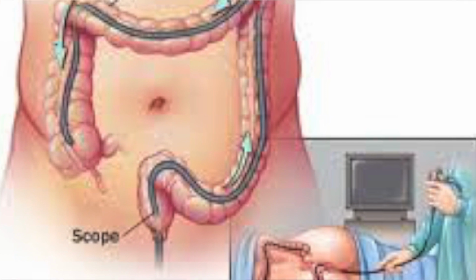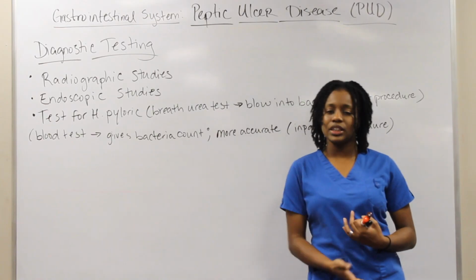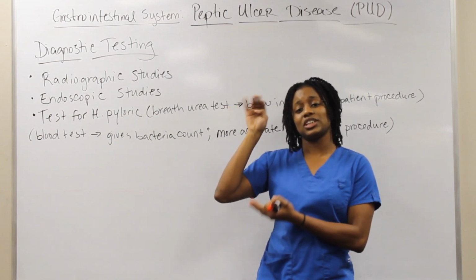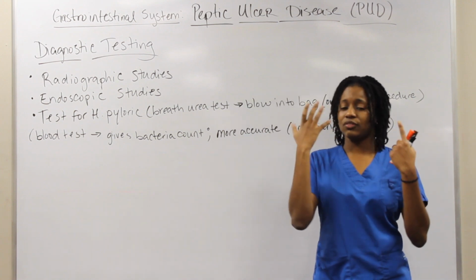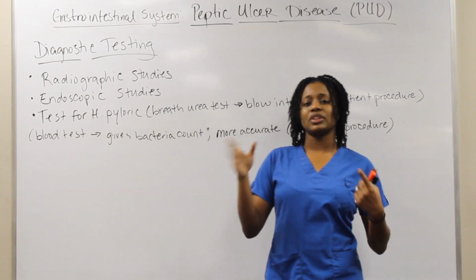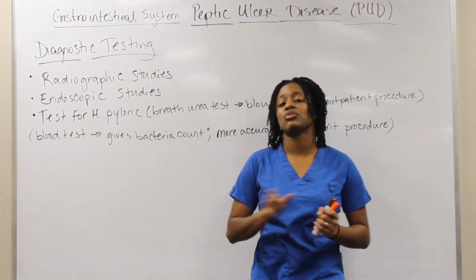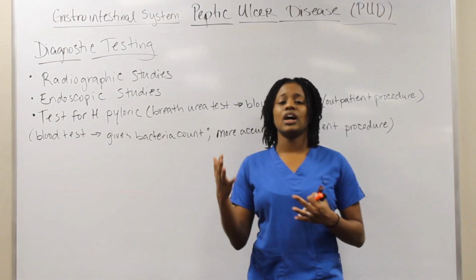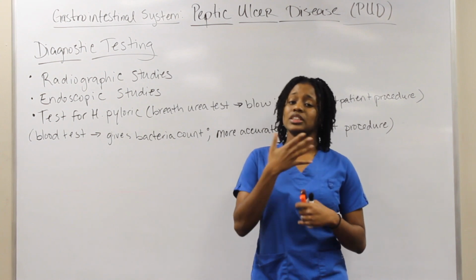So they will definitely tell the patient, they may put them on a medication called GoLytely, and with that medication, oh my God, it is such a big bottle that they have to finish, and it makes them constantly go to the bathroom because they want to flush out every stool that is in the large intestines area, because they want it to be completely clear. So again, it doesn't block the vision and the view of the actual lining, so that way they can see it.